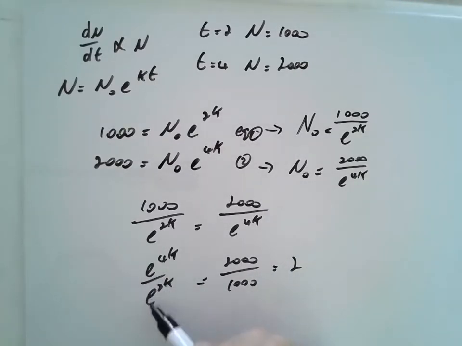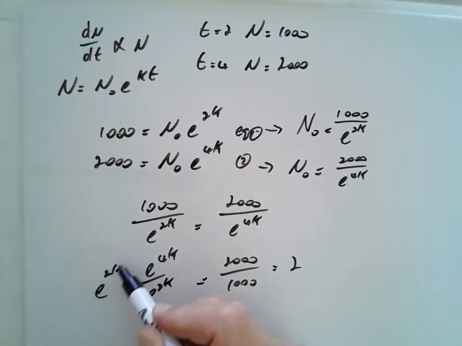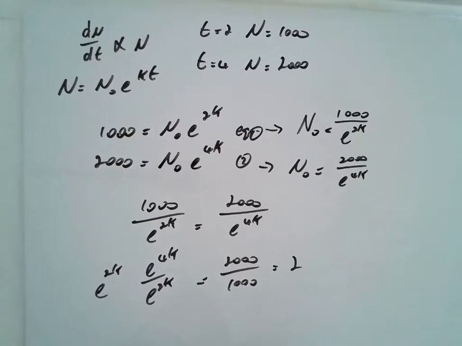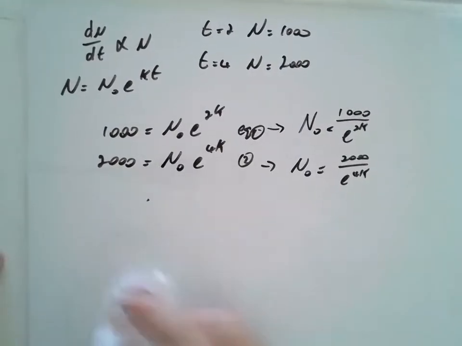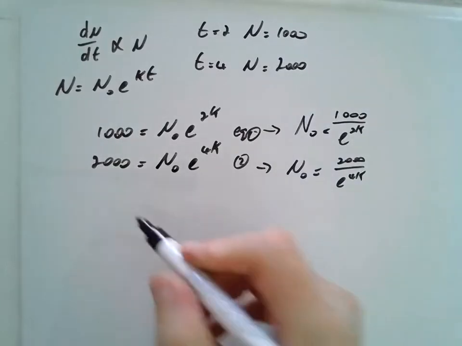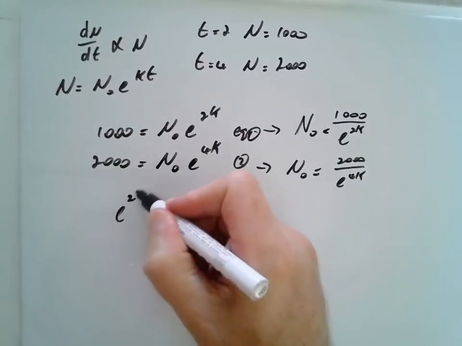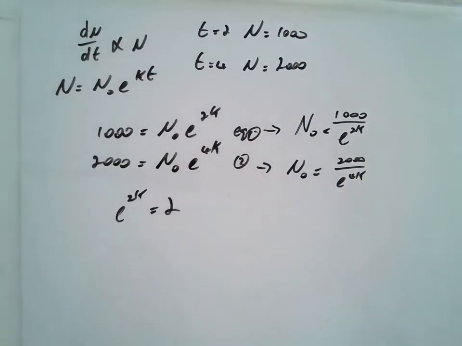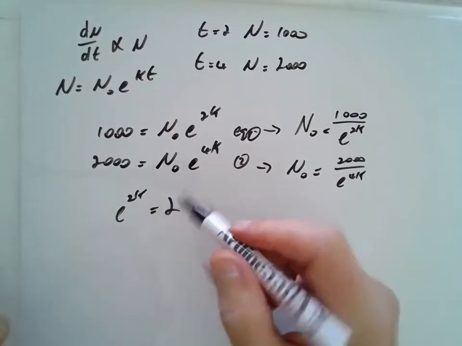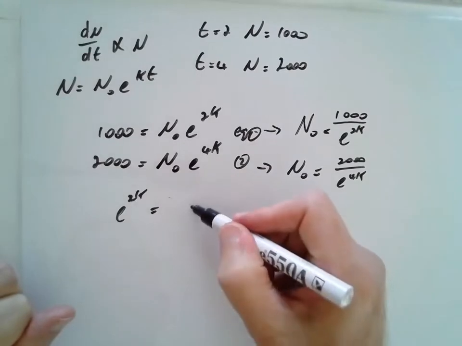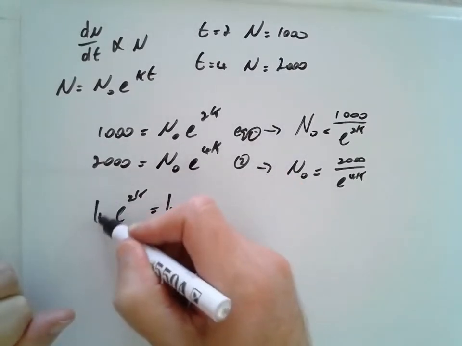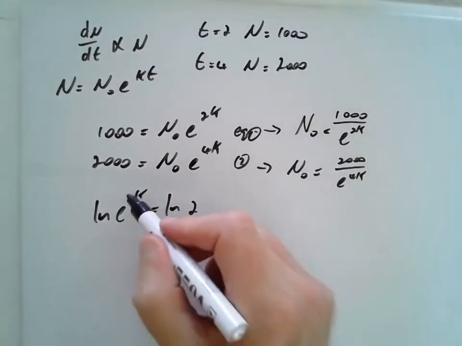And we're dividing like bases here, so we're going to get e to the 2k equals 2. Okay, then I'm going to log both sides.